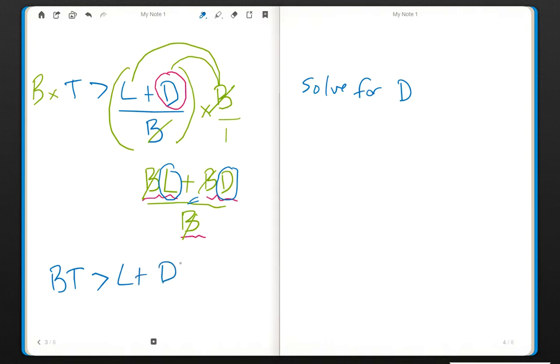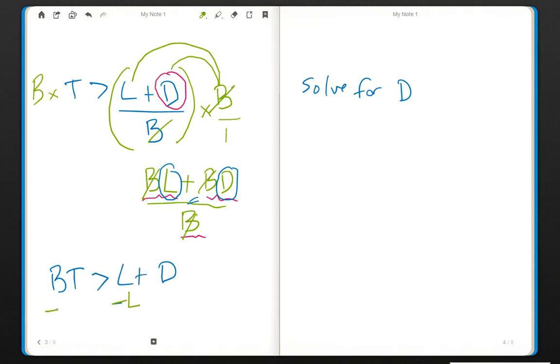Now we're solving for d, right? So to get d all by itself now, this is just a plus, so we can just subtract L from both sides.